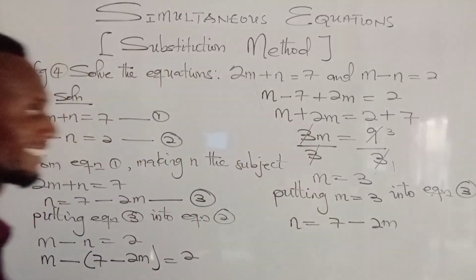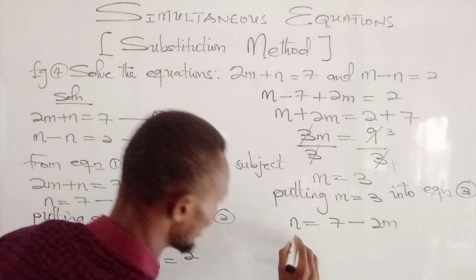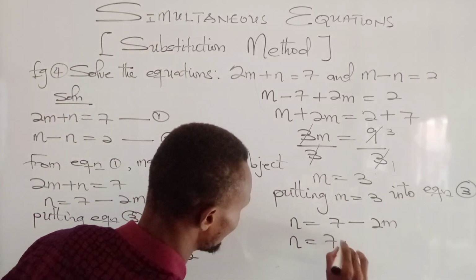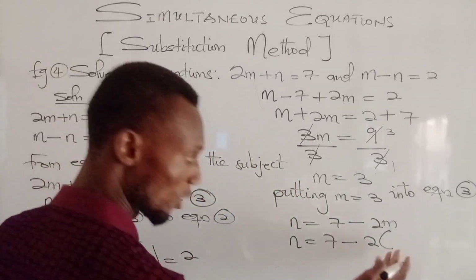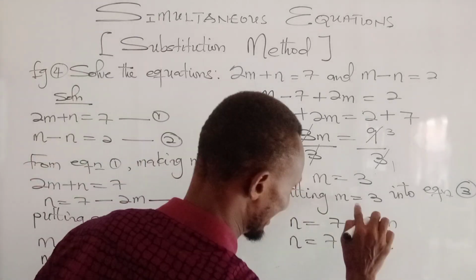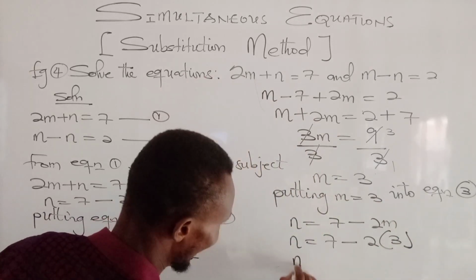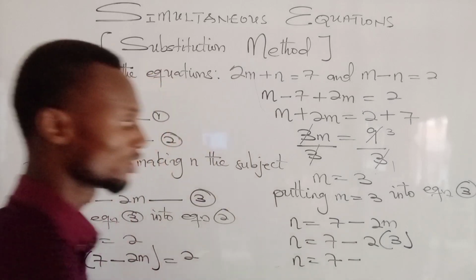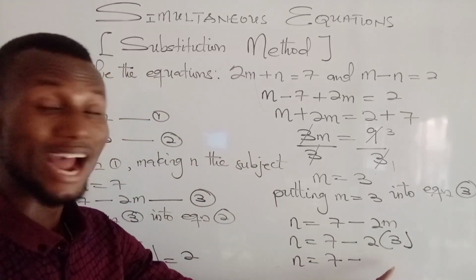Wherever I see m, I'm going to put the value of m there, which is 3. So n equals 7 minus 2 times, the 2 and the m are multiplying, so you bring your bracket, which shows they are multiplying, then put the value of m there, which is 3. So n equals 7 minus 2 times 3, which gives minus 6.